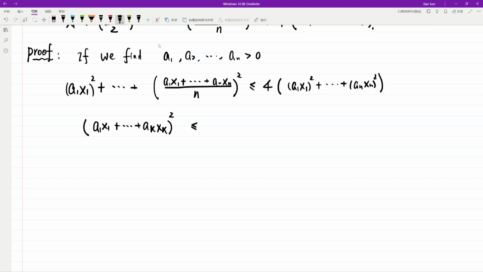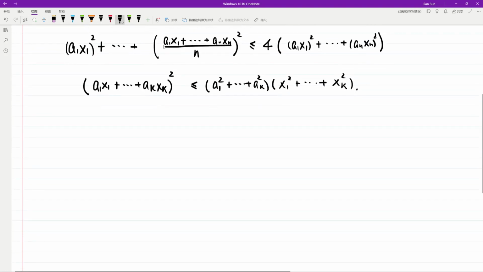By the Cauchy inequality, we know this is bounded by a1 squared plus up to ak squared, times x1 squared plus up to xk squared. Then we divide both sides by k squared. We do this to every term from the left-hand side.